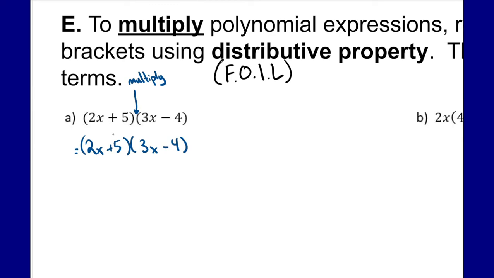We have 2x, and we're going to multiply that with the 3x. So we have 2x times 3x. We're then also going to multiply 2x by negative 4. So 2x times 3x is the first multiplication, plus 2x times negative 4.